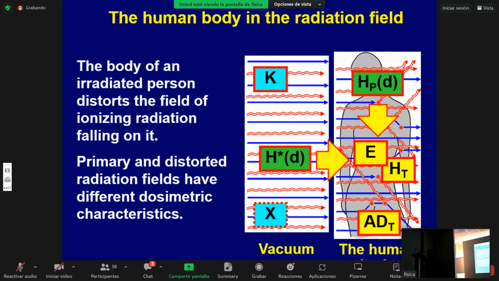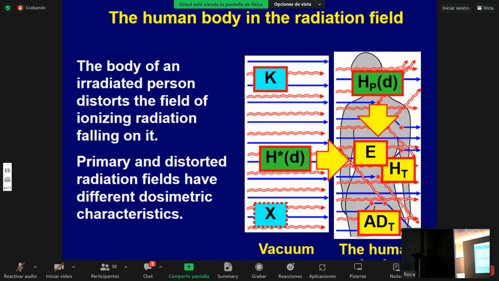So we apply point dosimetric quantities like dose and its kerma, air kerma, which characterize the undisturbed radiation field, and also use operational dosimetric quantities like ambient dose equivalent and individual dose equivalent. They characterize the distorted radiation field affecting the human body.